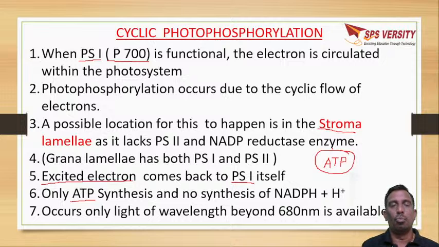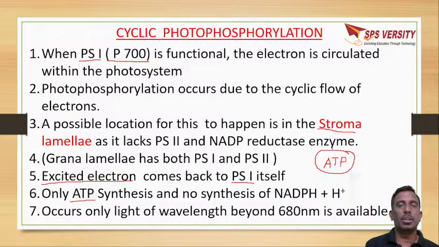So till now we have learnt about the experiments, the site of photosynthesis, the chloroplast structure or parts, stages of photosynthesis, that is light reaction, dark reaction, light और dark reaction का differences, light reaction में क्या form होता है, end products क्या है, dark reaction के end products क्या है.